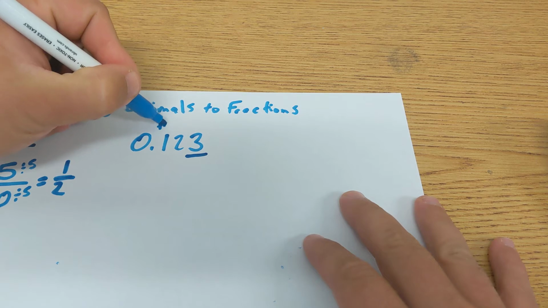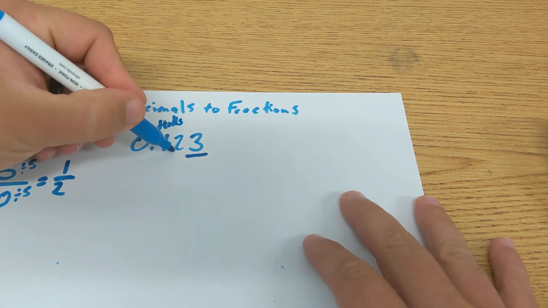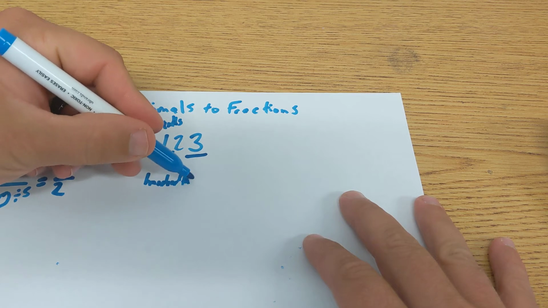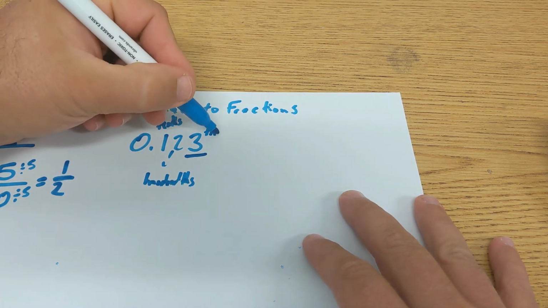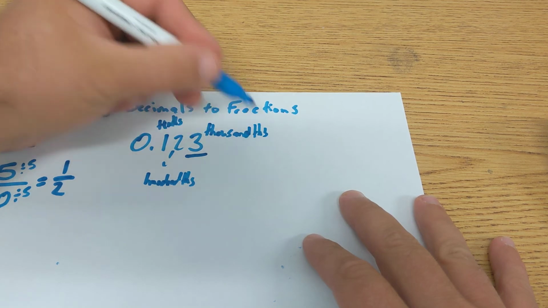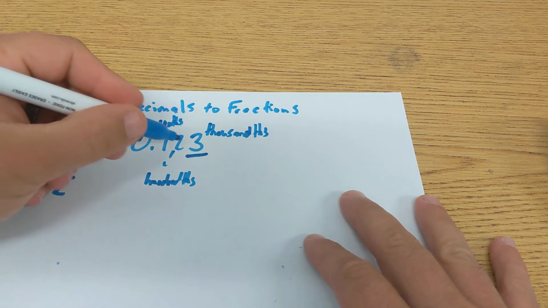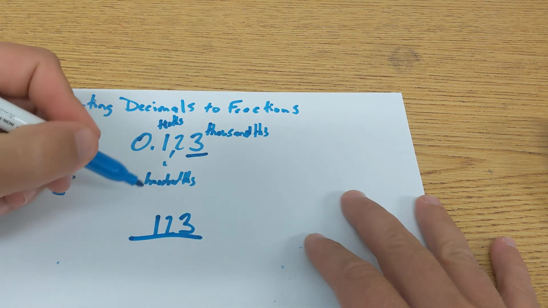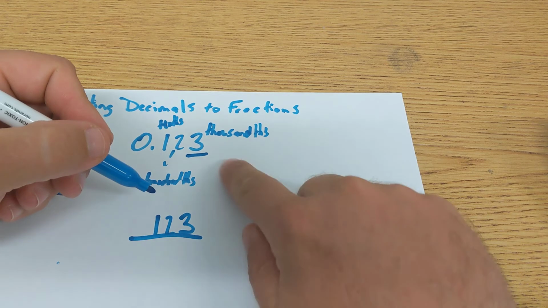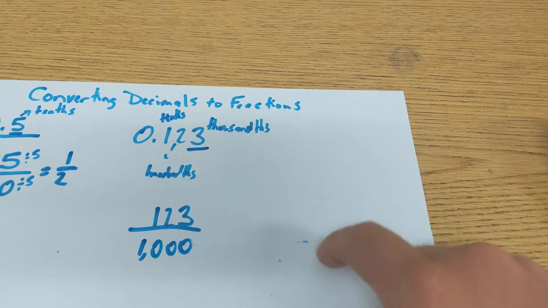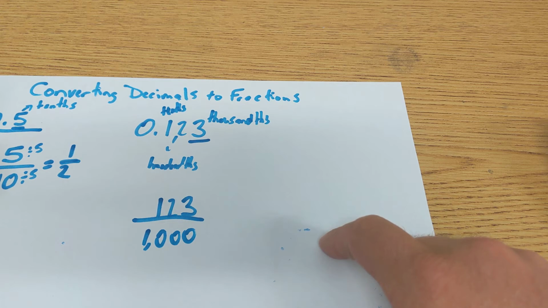The 1 is in the tenths, 2 is in the hundredths place, 3 is in the thousandths. So I'm going to write all the digits up there. We have 1, 2, and 3 over, well, the last digit's in the thousandths, so it's over 1,000.